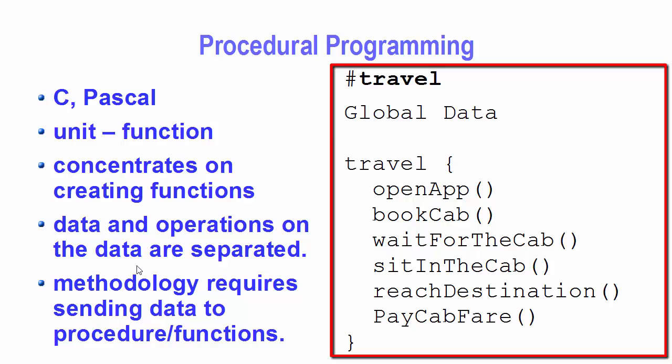That means we need a methodology to send this data to these functions. So we need to send the data which we have saved globally into these functions, and these functions take this data either as an argument or as a global variable, perform some actions on it, and give you some result.